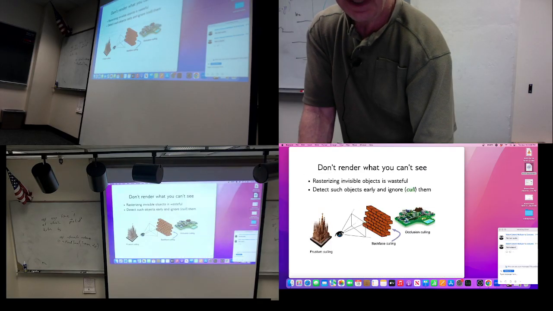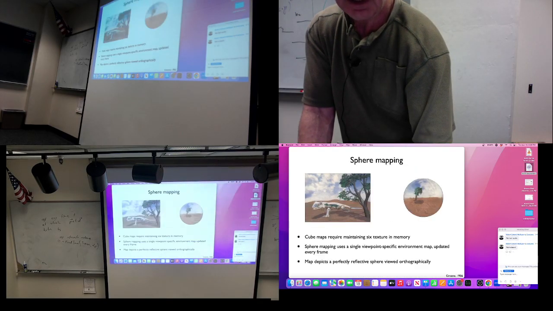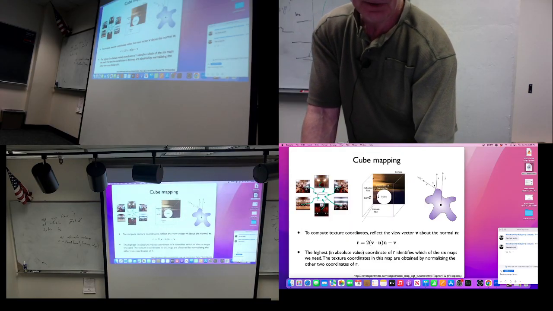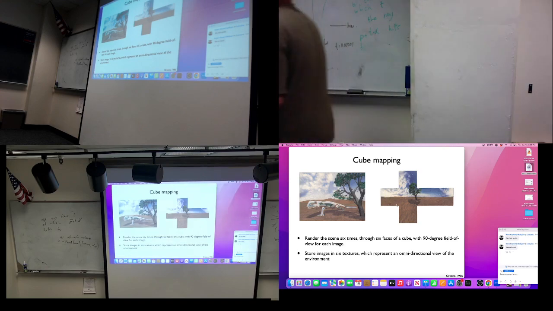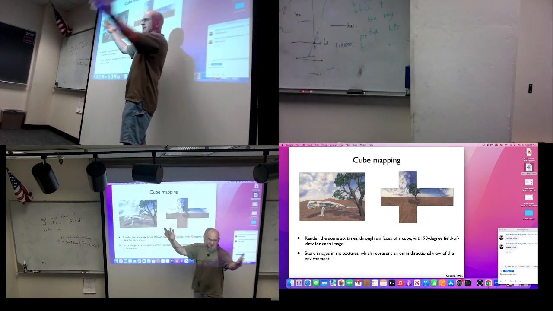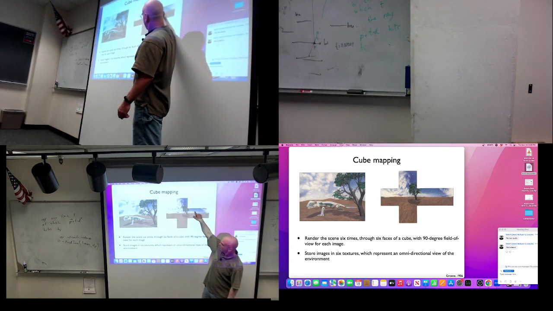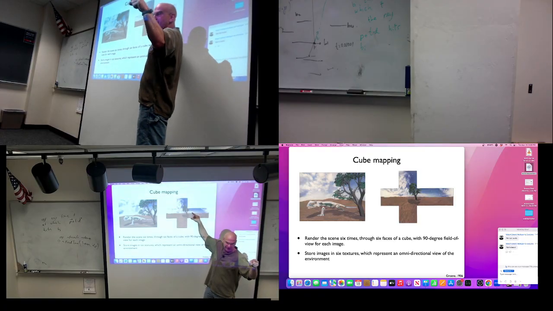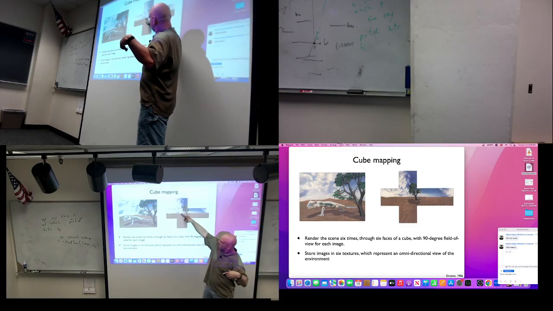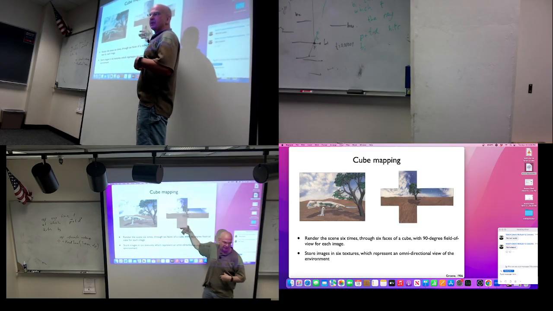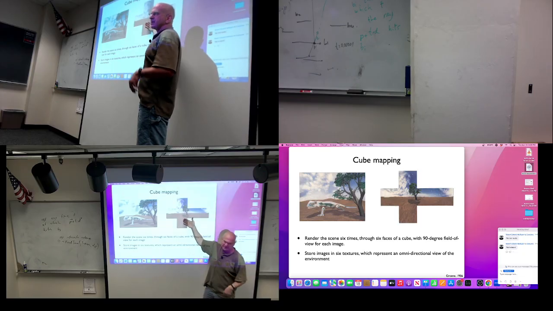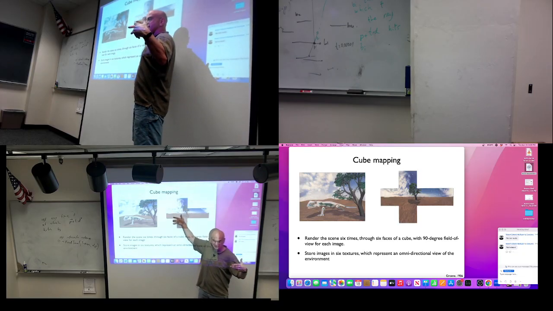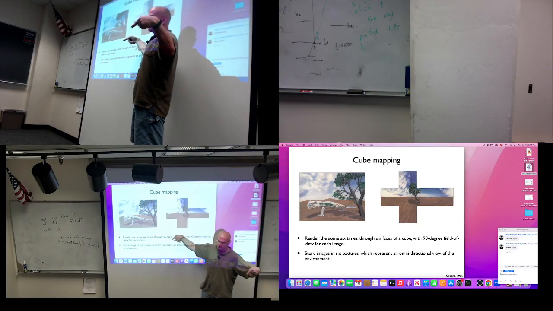Everything that is far away in the background, you're putting as an environmental map, either as a sphere or as 6 images that surround you. So you're just asking which of these images this ray is pointing to. WebGL, as one of its services, will tell you that you don't need to have a loop that checks these 6; at least you as a user don't have to do it.